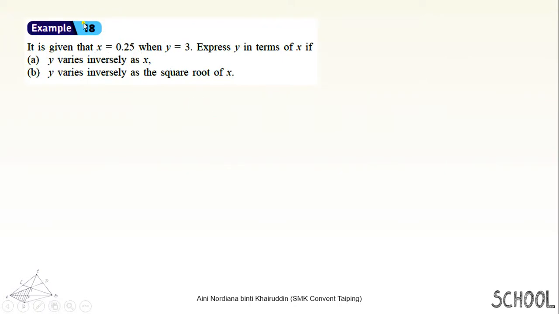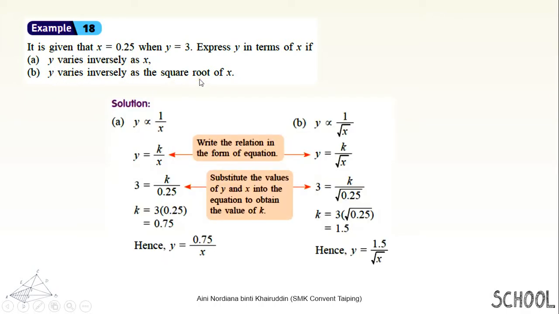Okay, example 18. It is given that x equals 0.25 when y equals 3. Express y in terms of x if a, y varies inversely as x, b, y varies inversely as the square root of x. So this is the solution. First, write in the form of relation: y varies inversely as x.